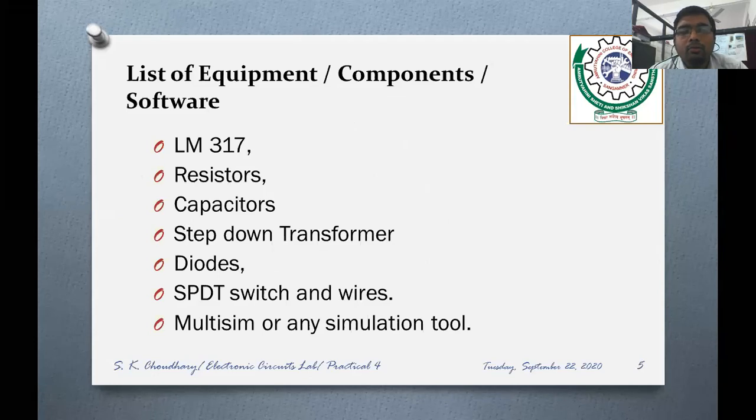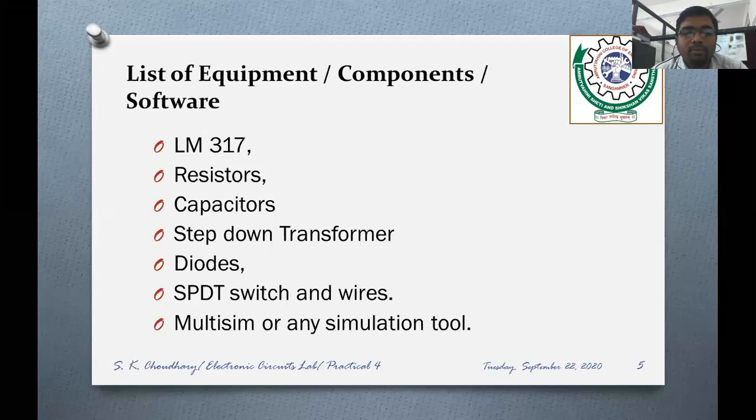The list of equipment, components, or software required: one IC, that is LM317, a 3-pin adjustable voltage regulator IC. Resistors, capacitors, and a step down transformer. Instead of that, you can use a power supply as well.